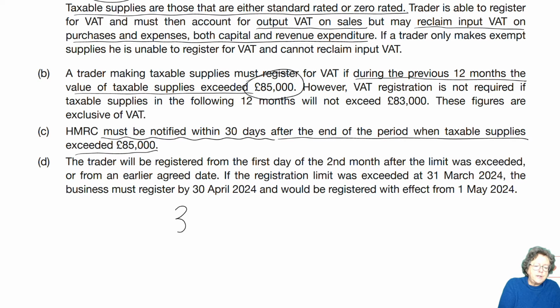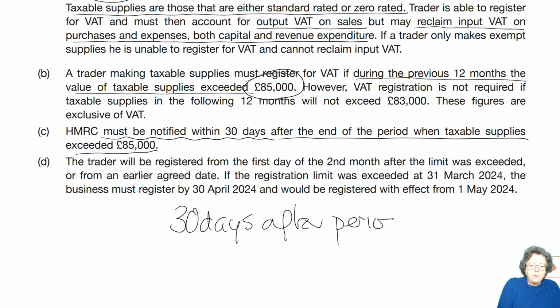So it's 30 days after the period, and it's normally after the end of the month. Well, I'll show you how that works in a moment. Then you will be registered from the first day of the second month after the limit is exceeded.